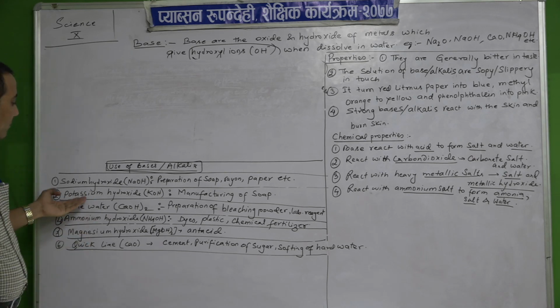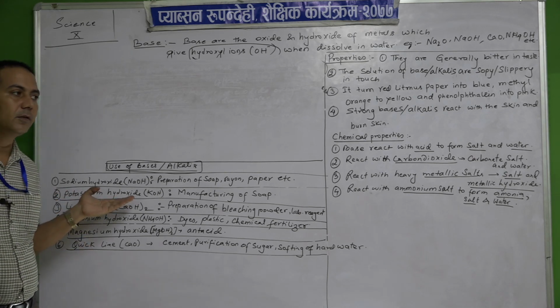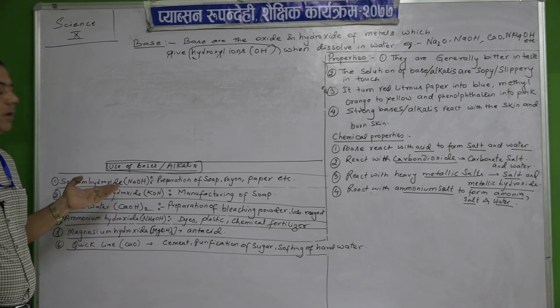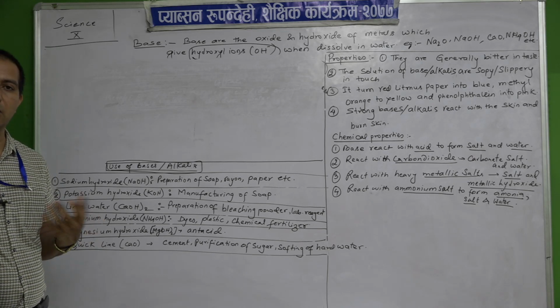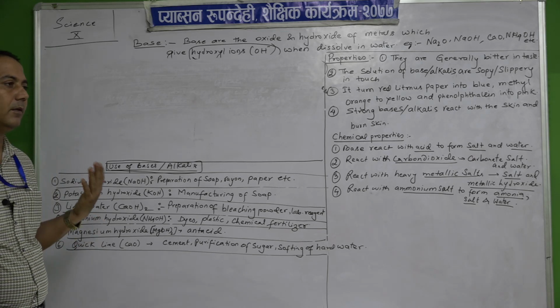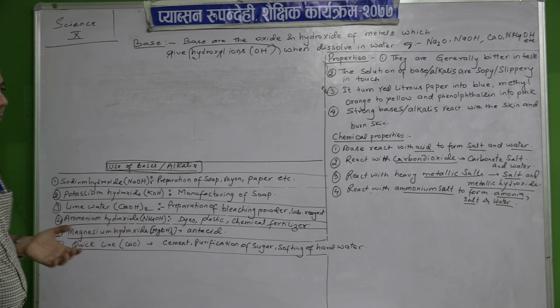Then the next one is potassium hydroxide, which is used in the soap industry for making soap, whether washing soap or bathing soap.